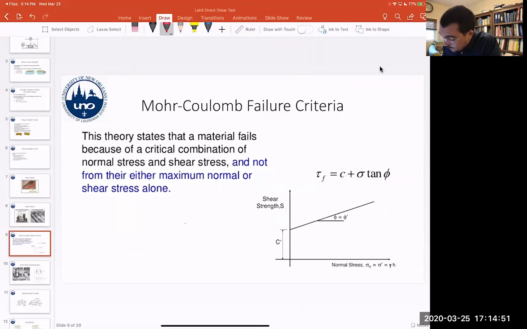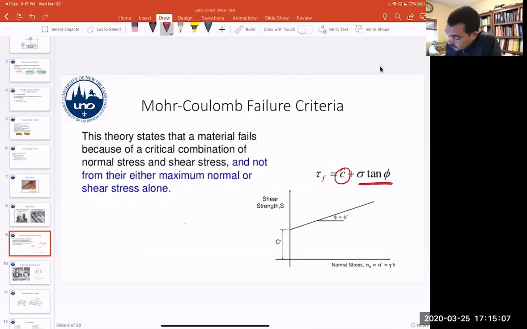This is the Mohr-Coulomb failure criteria. So this is the frictional component that we talked about, and this is C, the cohesion that we talked about.